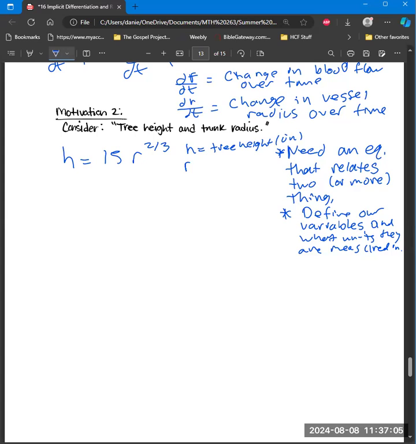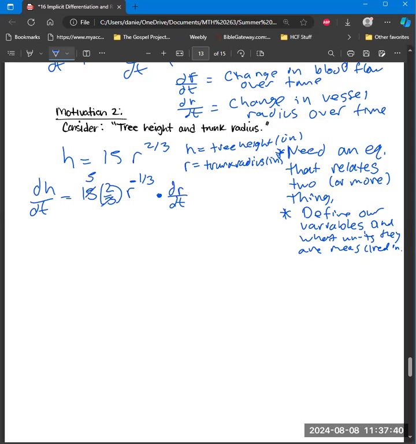And r is the radius of the trunk of the tree, and that's also going to be in inches. So we're going to now find dh dt is equal to 15 times 2/3 r to the negative 1/3 times dr dt.